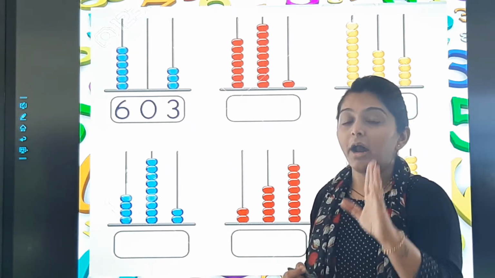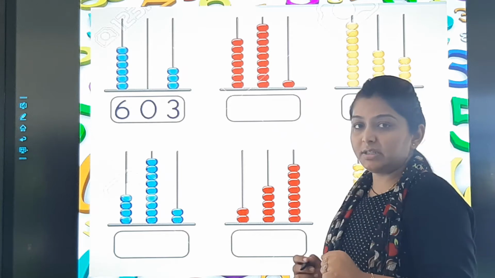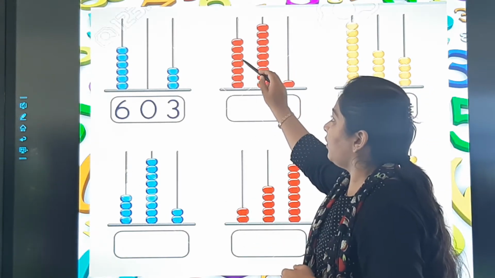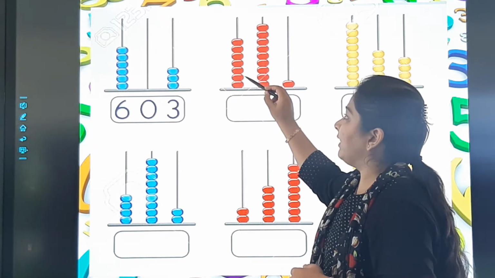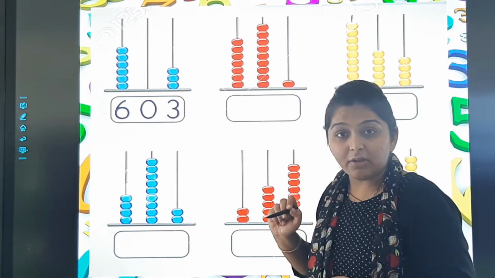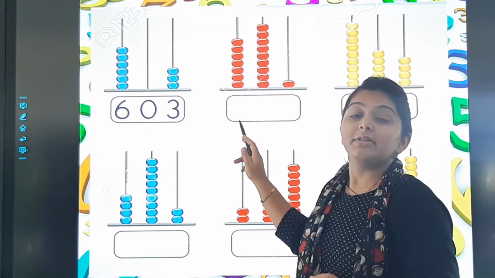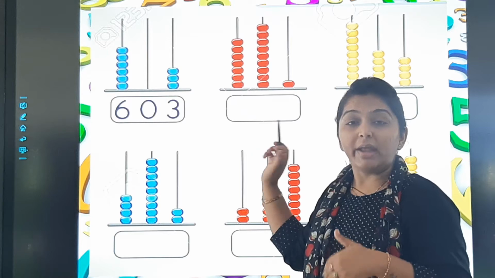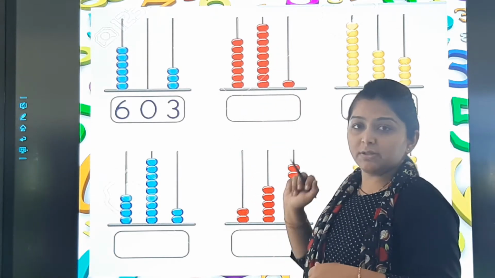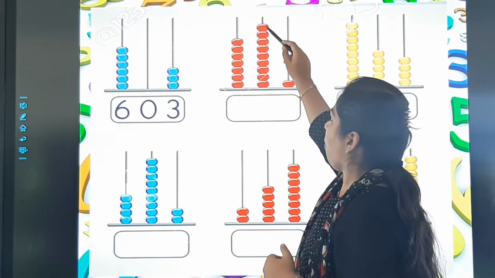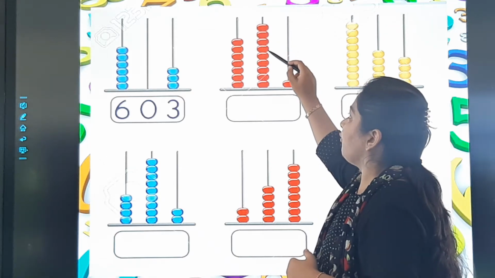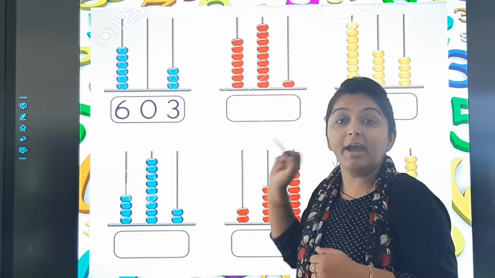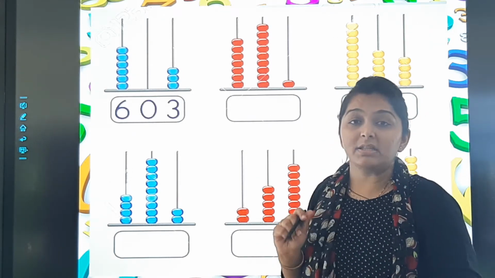Next, here you have to again count. Tell me at the hundreds place how many beads are there. Let's count. 1, 2, 3, 4, 5, 6 and 7 beads are there. So we will write here 7 at the hundreds place. Now at the tens place, how many beads are there? Let's count. 1, 2, 3, 4, 5, 6, 7, 8 and 9 dear children. 9 beads are there.